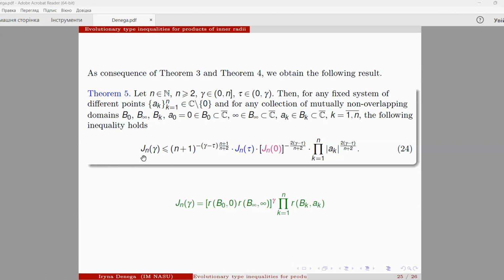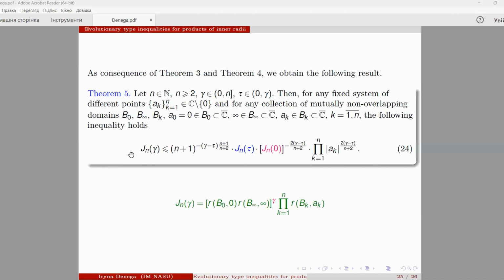the inequality holds: J_n of gamma is less than or equals (n plus 1) to the minus (gamma minus tau) times (n plus 1) divided by (n plus 2) times J_n of tau times J_n of 0 to the minus 2 times (gamma minus tau) over (n plus 2), and times the product of modules of points a_k to the power 2 times (gamma minus tau) over (n plus 2).